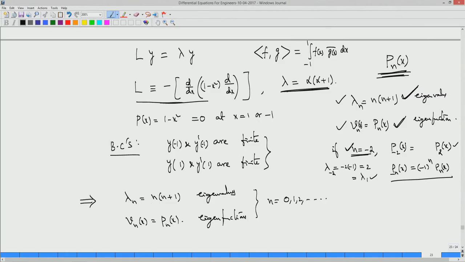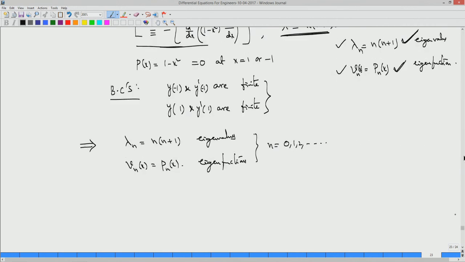So, let us not bother about negative integers. If you choose n as negative integers, the eigenvalues are already here, they are not different from these eigenvalues, that is what I mean to say.